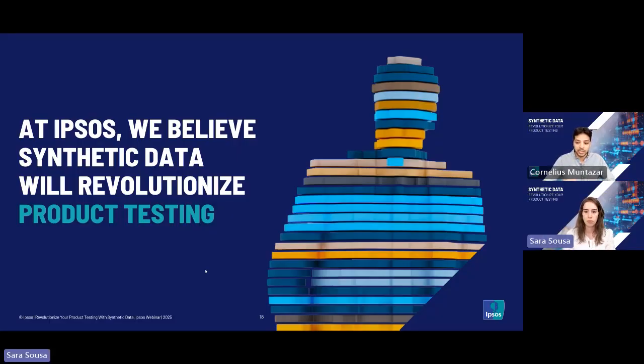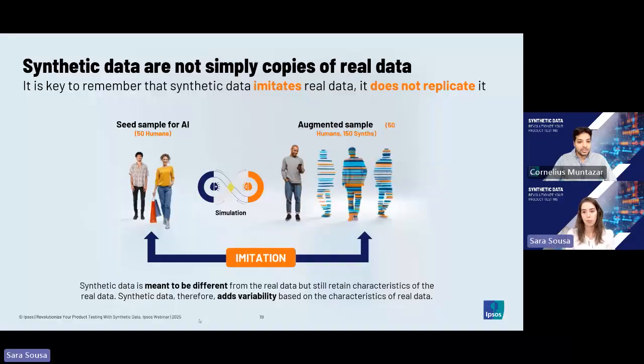And so at Ipsos, we're not just using synthetic data, we are really pioneering its application in market research. As Sarah mentioned before, synthetic data itself is not simply copies of the real data. Think of it like lab-grown diamonds versus natural diamonds. Both are really valuable and serve the same purpose, but they are created differently.